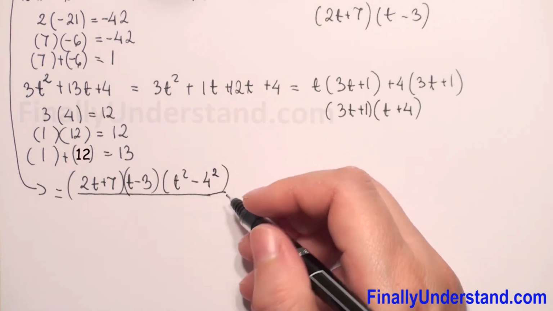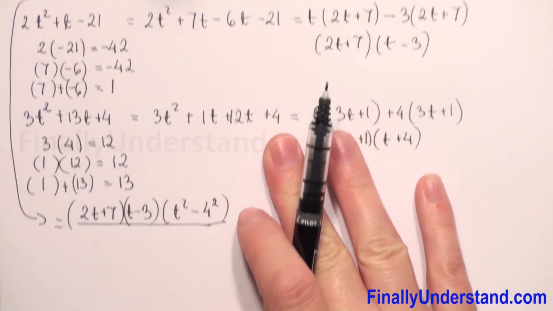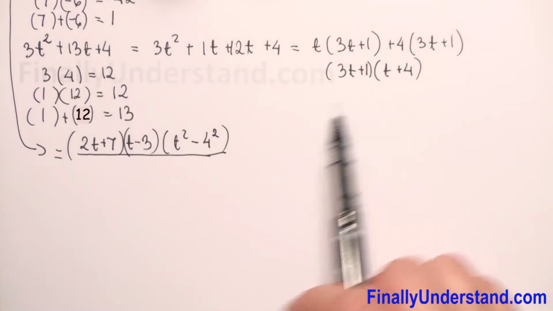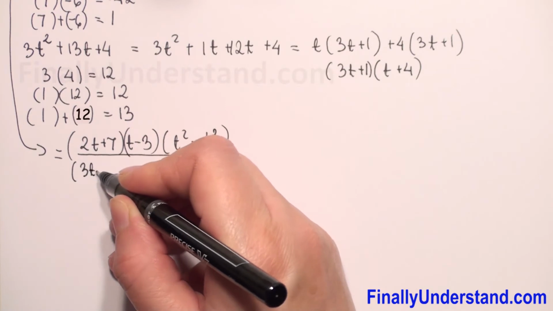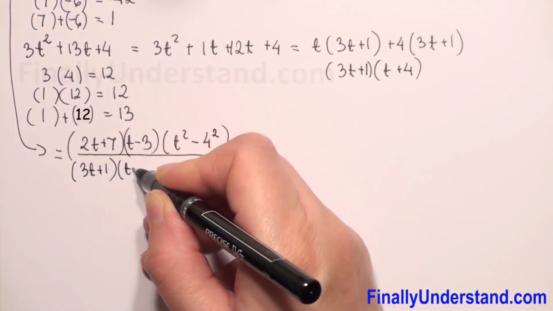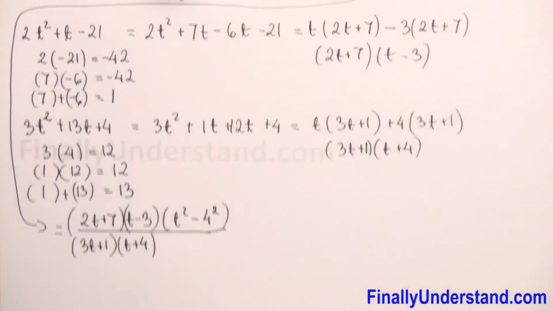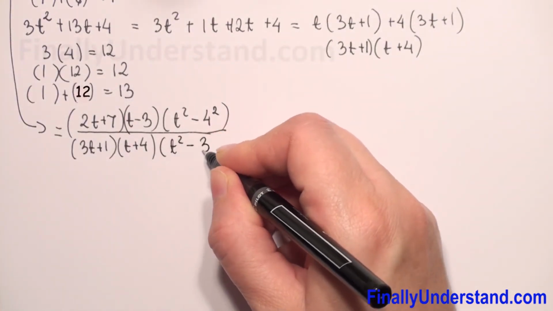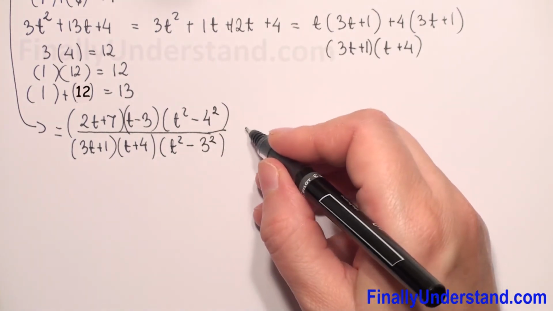So we have a difference of two perfect squares, and in the denominator the first trinomial we will substitute by this expression. So this is 3t plus 1 times t plus 4, and t squared minus 9 we can rewrite as t squared minus 3 squared. So we have again a difference of two perfect squares.